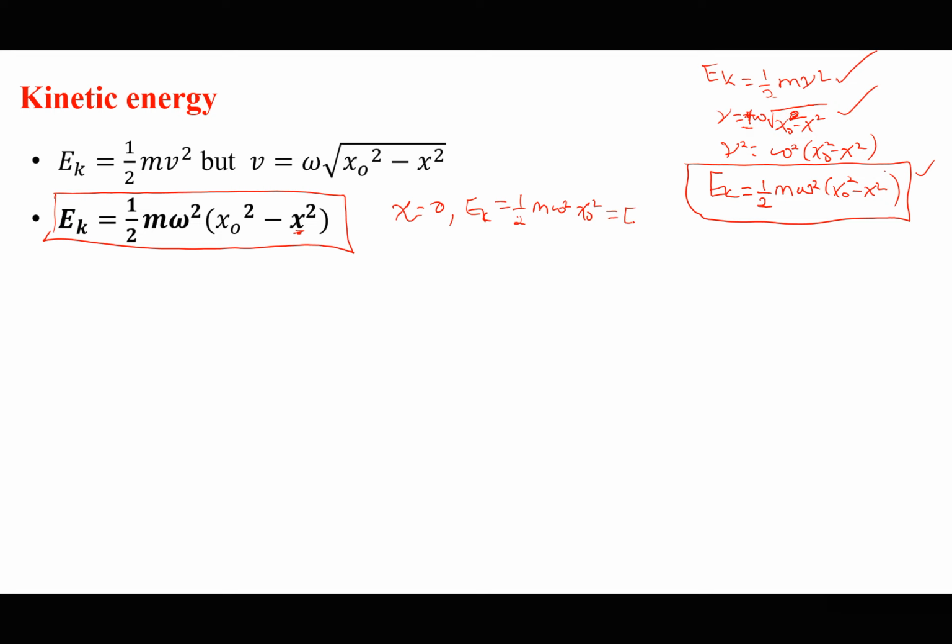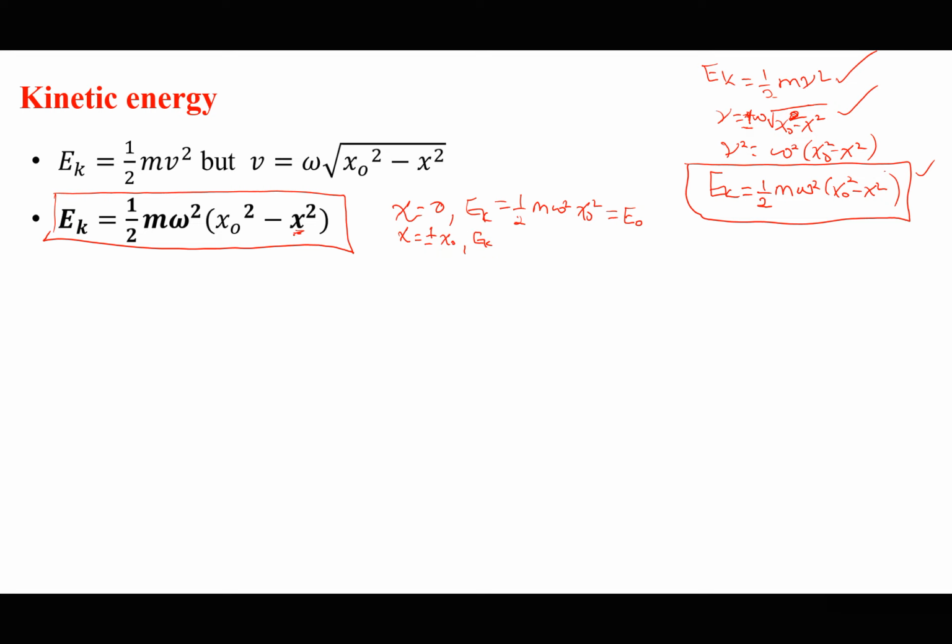We shall later on call this the maximum energy or total energy, which is going to be E naught. When x is equal to 0, that is, the body is passing equilibrium, the kinetic energy is equal to the maximum total energy, which is simply E naught. Then when x equals plus or minus x naught, what is the kinetic energy?